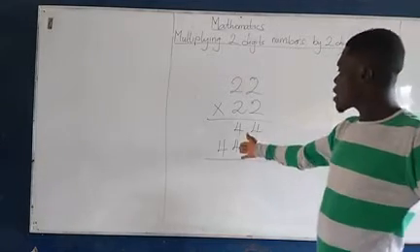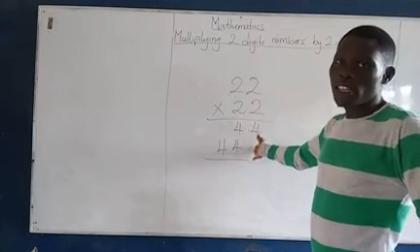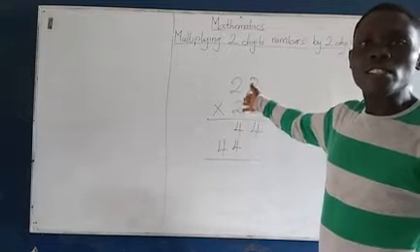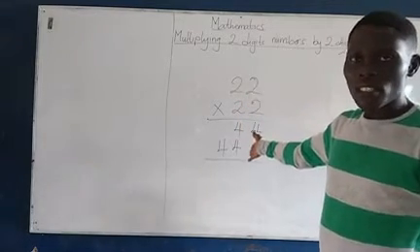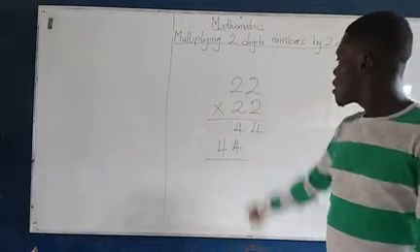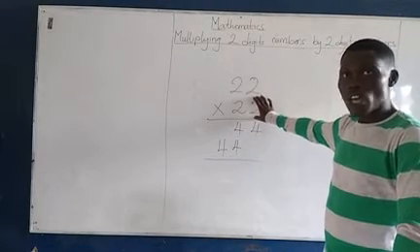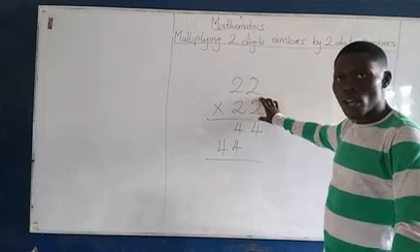Now you look at the arrangement. Some will say, why didn't you write the 4 under the first 4? The first 4, we didn't write the second answer there because the first answer is for the first question here. Look at where it starts from. It starts from the ones column.